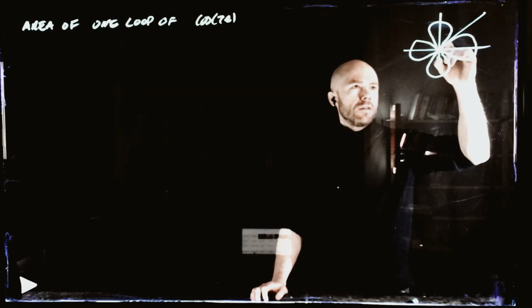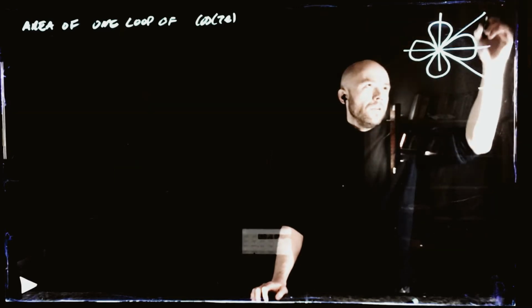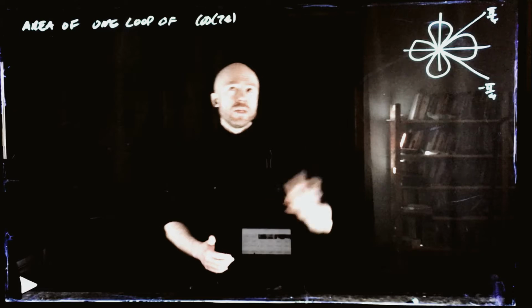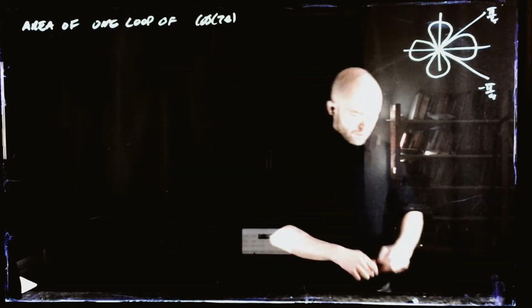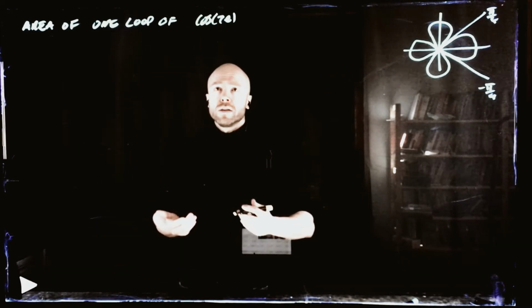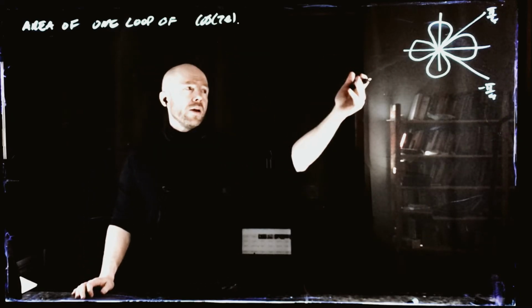So this is the one loop we're going to choose. So we're going to go from minus pi over 4 to pi over 4. If you're given this question on an exam, you won't be asked to sketch it as well. You'll be given the picture as a starting point before you actually need to calculate the area.